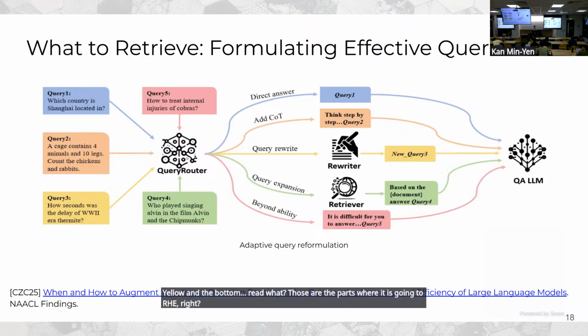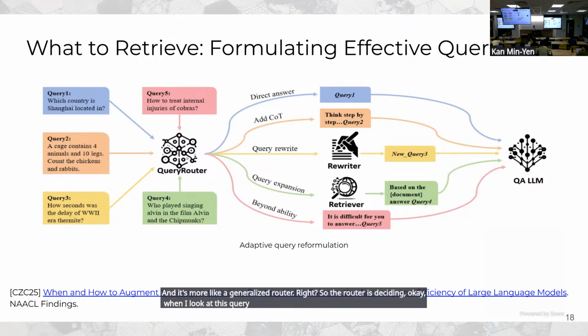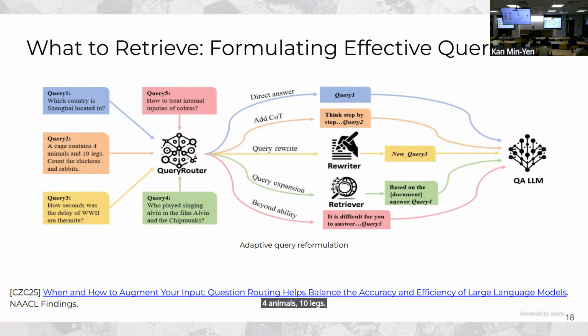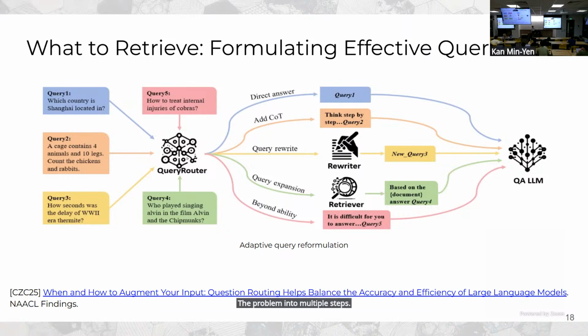But you're right that the orange line, when we say add COT, is more like a generalized router. The router is deciding, when I look at a query like query number 2, a cage contains 4 animals, 10 legs, count the chickens and rabbits, then the query router is like, oh, those types of queries I've seen before usually require me to decompose the problem into multiple steps. That probably requires COT, so I'm going to do chain of thought.